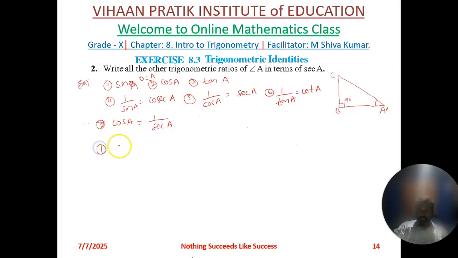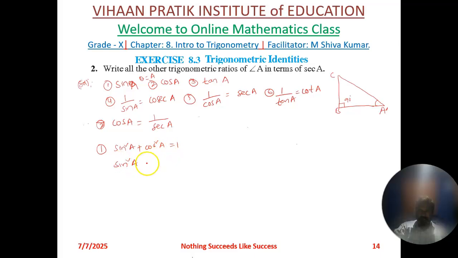The first one is sin A. In order to write sin A in these terms, we'll use the trigonometric identity sin square A plus cos square A equals 1.